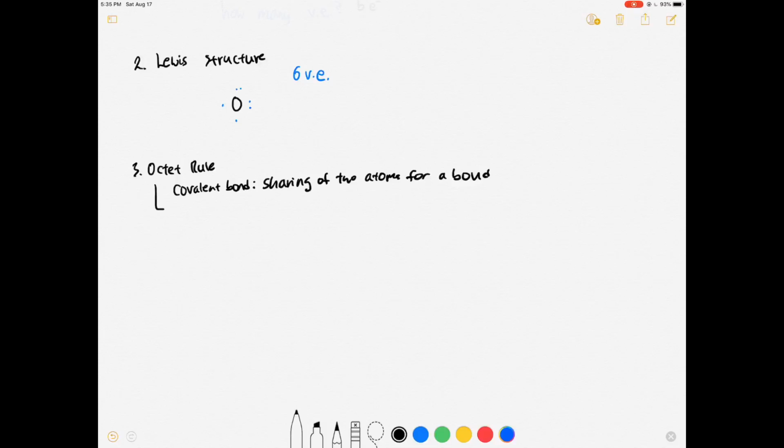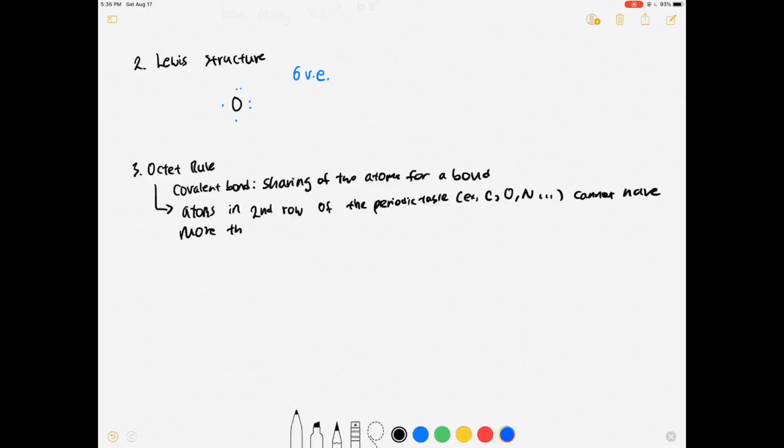So the octet rule says atoms in the second row of the periodic table, for example carbon, oxygen, nitrogen, and so on, cannot have more than 8 valence electrons.